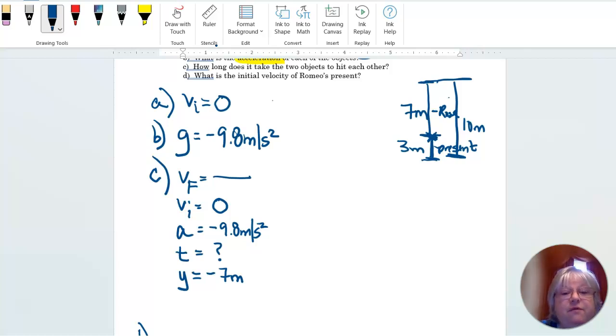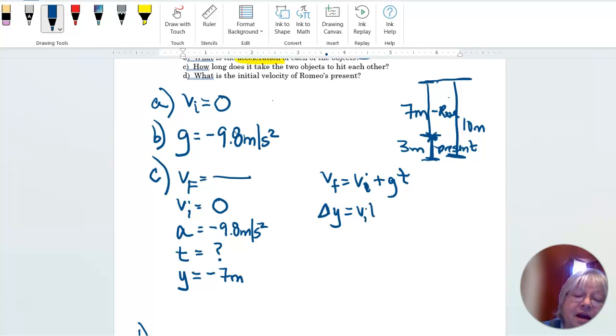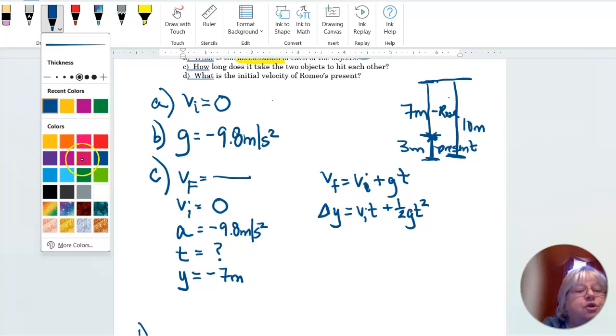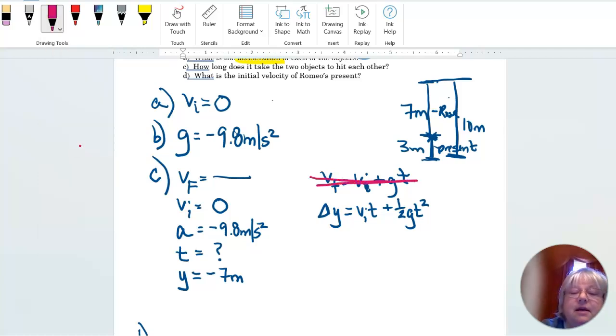Now, since I'm looking for the time, I have two equations that I could choose from. I could choose VF equals VI plus GT, or delta Y equals VIT plus 1/2 GT squared. The reason I am going to cross out the first equation is because I don't know VF.